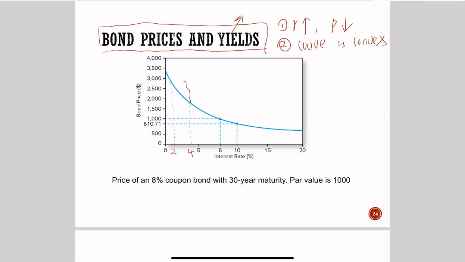But if interest rate is 8, now if you increase this by 2, that is, you go from 8 to 10, then you can see that the bond price only decreases a little bit. So this basically tells you that the sensitivity of bond price to interest rate decreases as interest rate decreases, right?